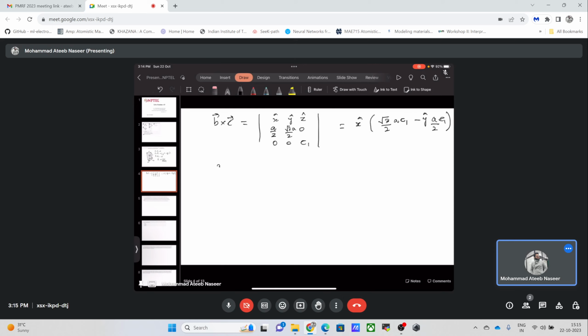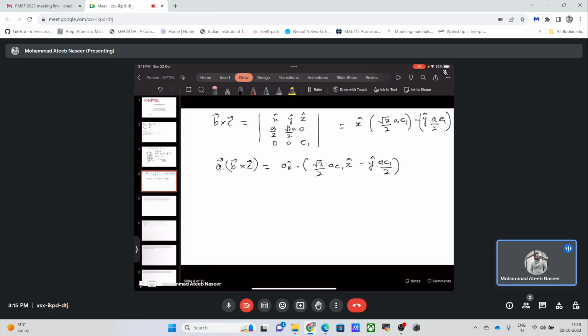Now a dot b cross c is given by a x dot root 3 by 2 a times c1 x hat, minus y hat a times c1 by 2.